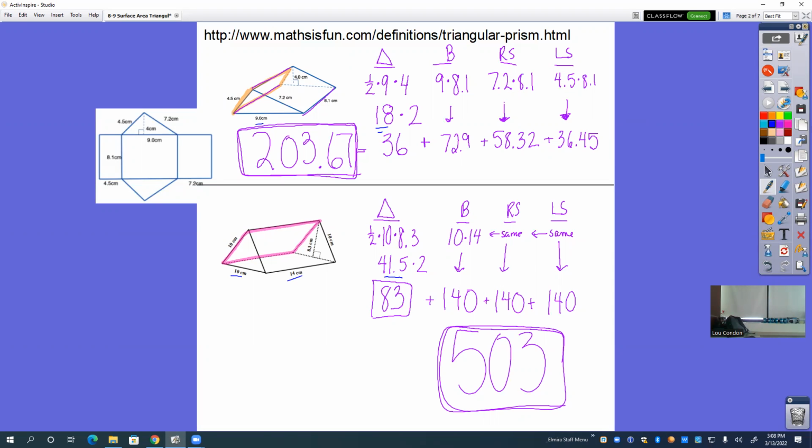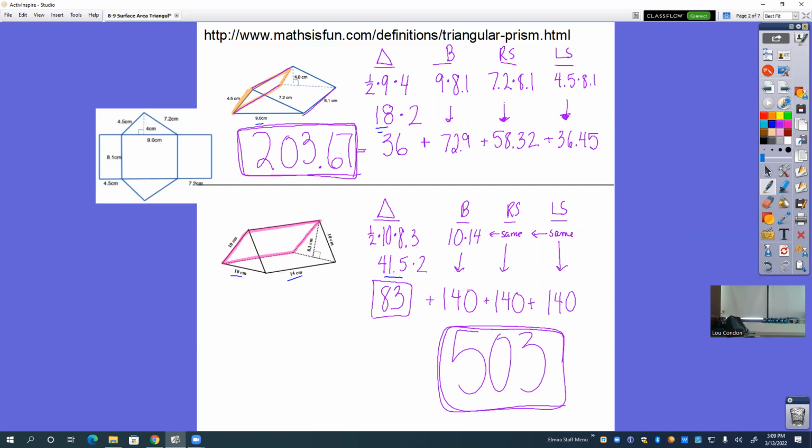As you can see, this is an equilateral triangular prism with all the side lengths being the same. So the right side is 14 times 10, and the left side is 14 times 10. So we have 83 plus 140 plus 140 plus 140 equals 503 total for the total surface area of this prism.